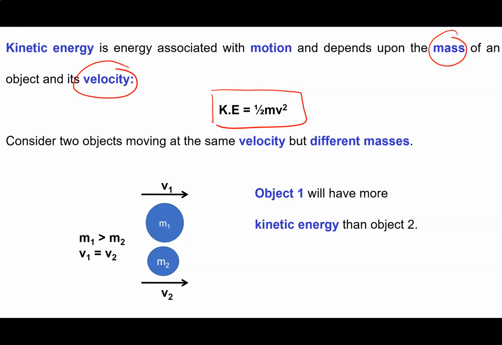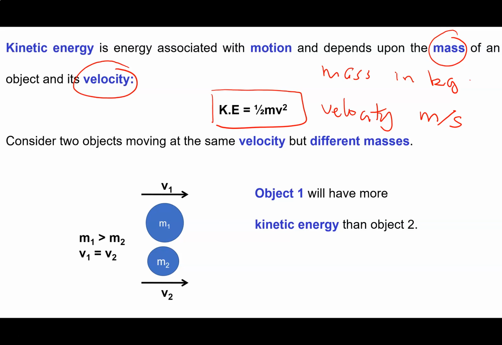And the important thing to keep in mind here is that we do need to use base SI units in order for this formula to work how we're expecting. So our mass is in kilograms, which is the base unit for mass in the SI system, and our velocity is meters per second.